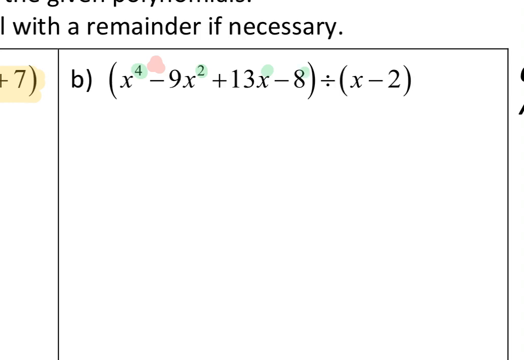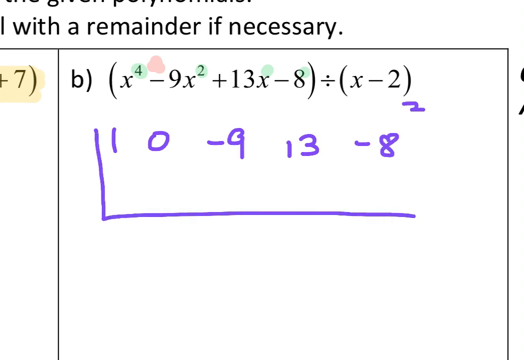And then I'm dividing by +2. So 1x to the 4th, no x to the 3rd, -9x squared, 13x to the 1st, and minus 8. And I'm dividing by +2.